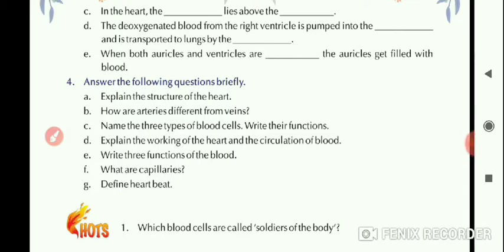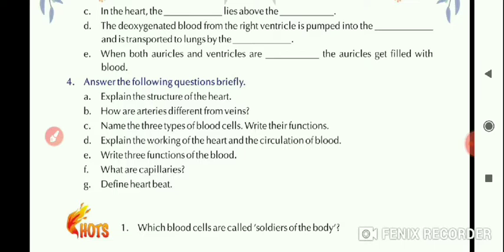The chapter 1 of your science book, the circulatory system, we have discussed the chapter and we have discussed the exercise also. Now it's time to answer the questions. Question number 4, part A. Explain the structure of the heart.